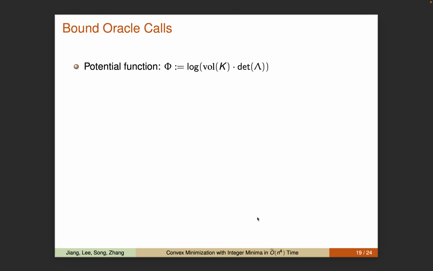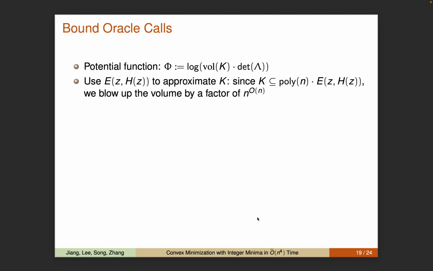It remains to bound the number of oracle calls. The key here is the potential function introduced by Zhang. It is a log of the volume of the polytope and the determinant of the lattice, in the sense that it simultaneously captures the volume change of these two objects.